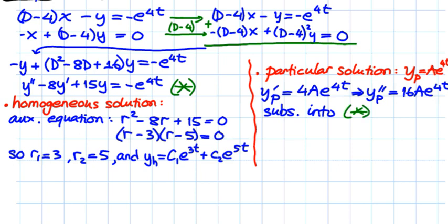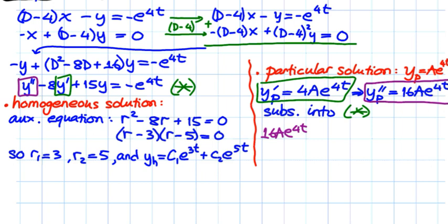Into equation star, we will have the second derivative, so I will have 16a e to the 4t, minus 8 times the derivative.